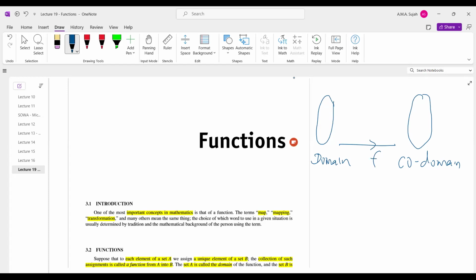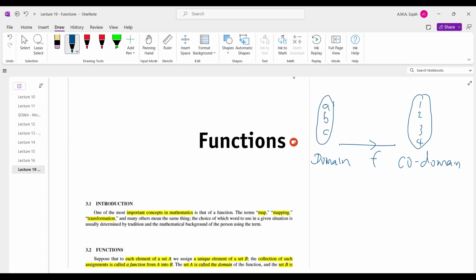Here in the domain, we have some values, maybe just think about A, B, C. Similarly, here we have some numbers. This is input, this is output, maybe 1, 2, 3, 4. So each element A, B, C is a domain element, and 1, 2, 3, 4 are elements of the codomain.